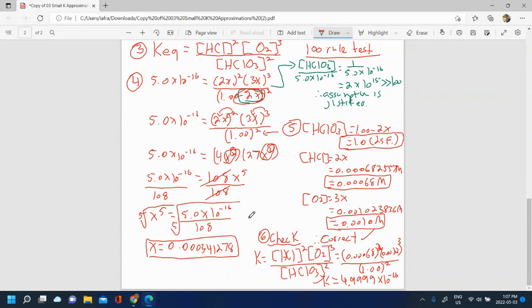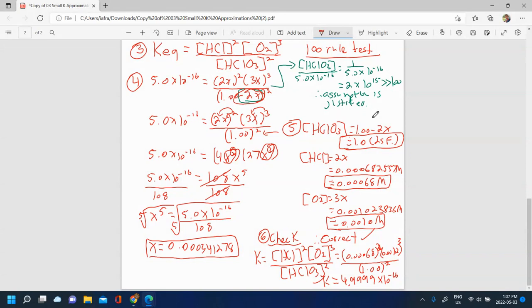And then we went to put that x into the concentration expressions we wrote earlier. If you did this concentration expression here, you'd see that it's pretty close to 1 anyways. I mean, we can just try it out to check, but if we did, 0.000341278 times 2, and then you did 1 minus that, you get 0.99931, which you round up to 1 anyways, right?